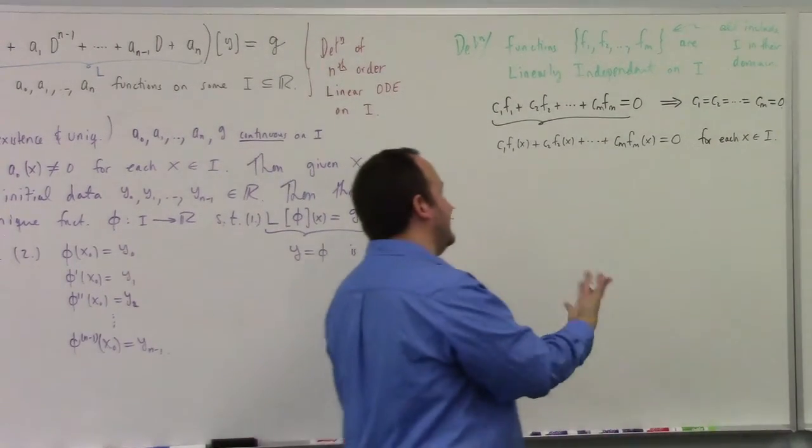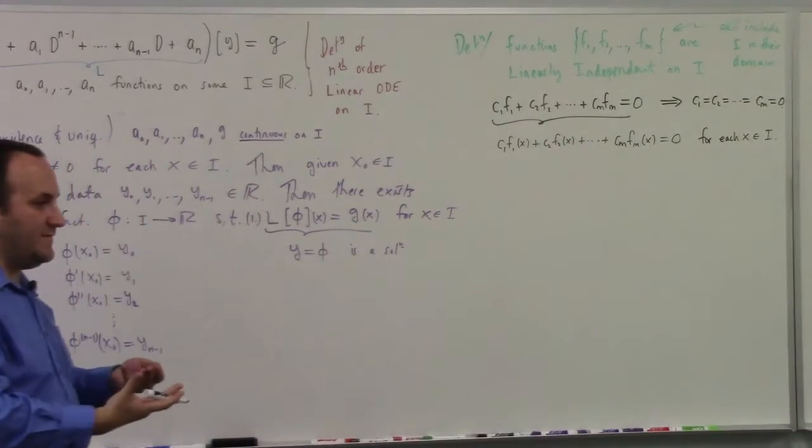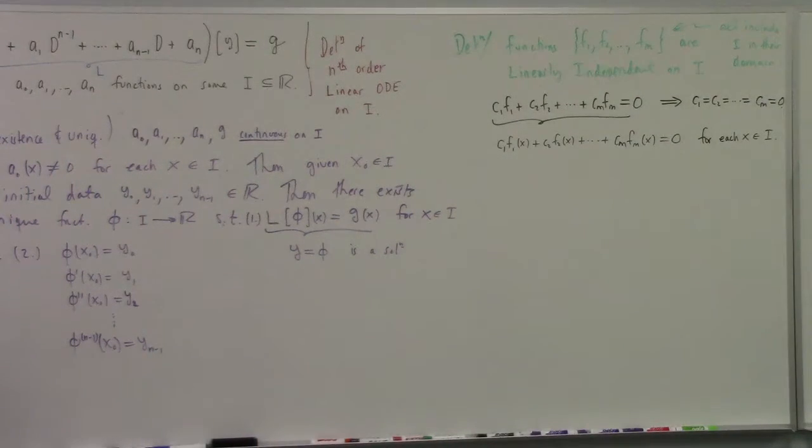So I can't talk about linear independence of a set of functions without reference to an interval. There has to be a common interval which we're referencing. If you've had linear algebra or you're taking linear algebra, there we look at things which are just sort of static. There's no interval you have to play around with.